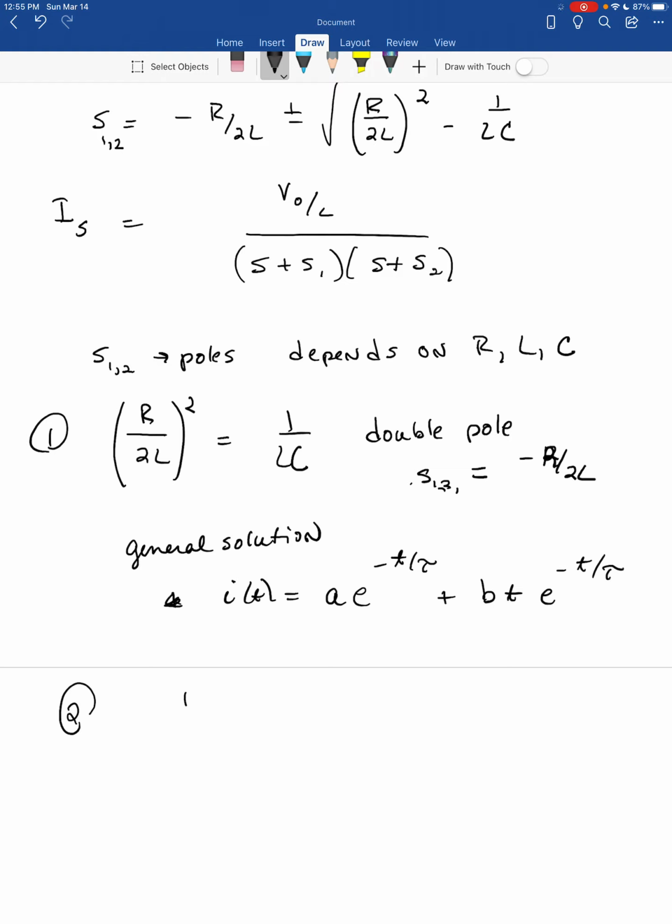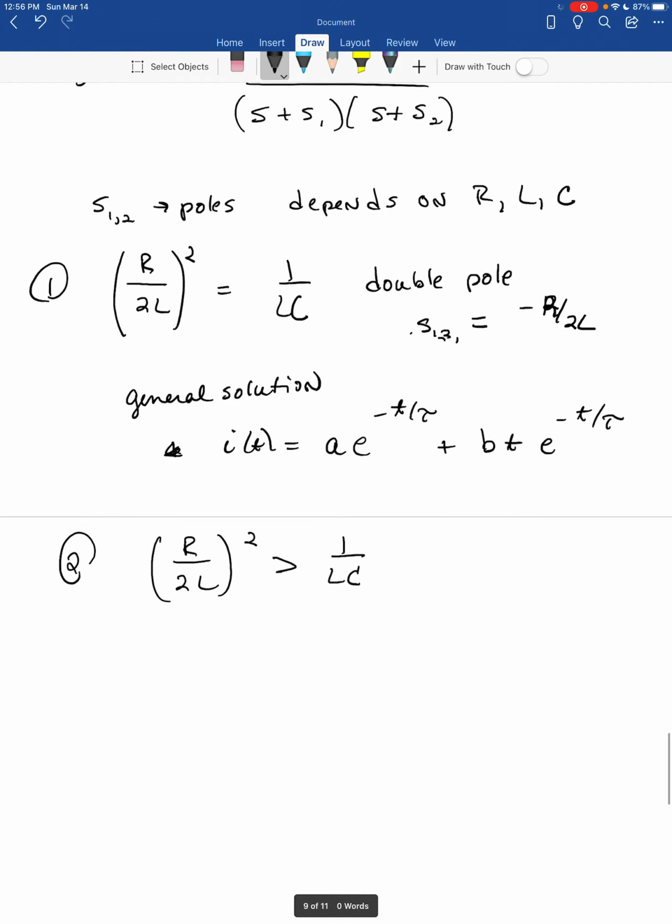The other situation is if (R over 2L) squared is greater than 1 over LC.